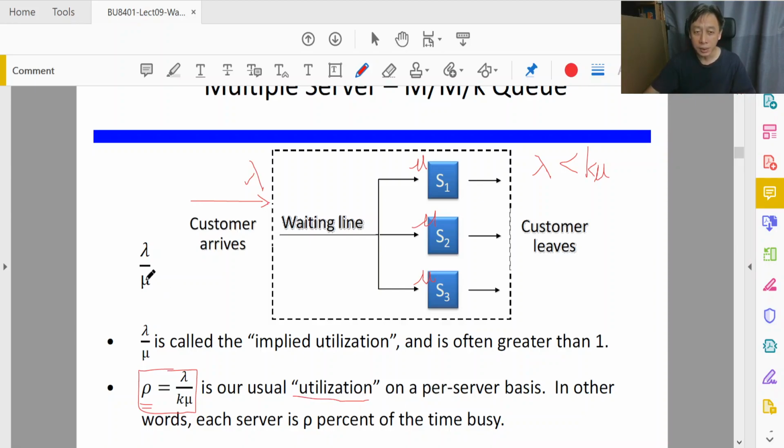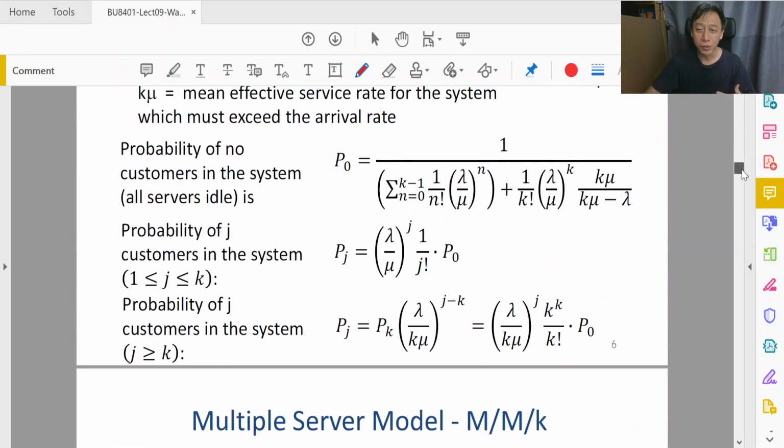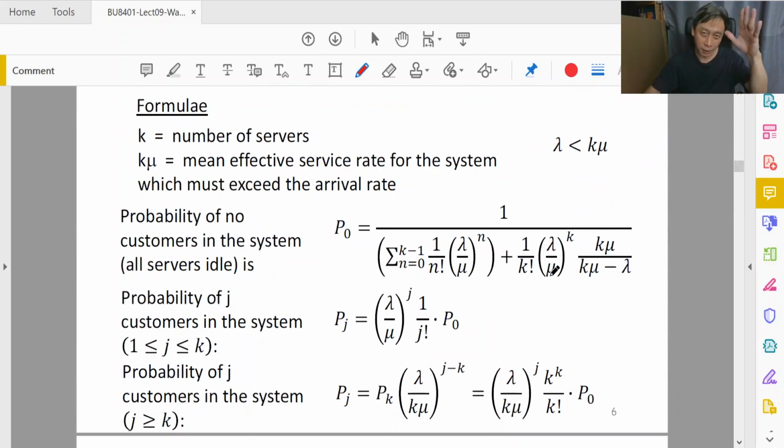But we also see this where we momentarily throw away the k. So this is not a typo, this is on purpose. The lambda over mu has got frequent appearance in the mathematical derivation. Let me just fast forward a little bit to show you as an impression, right? Over here, we'll come back to the previous slide again. So there are a lot of lambda over mu's appearing everywhere in our formula sheet.